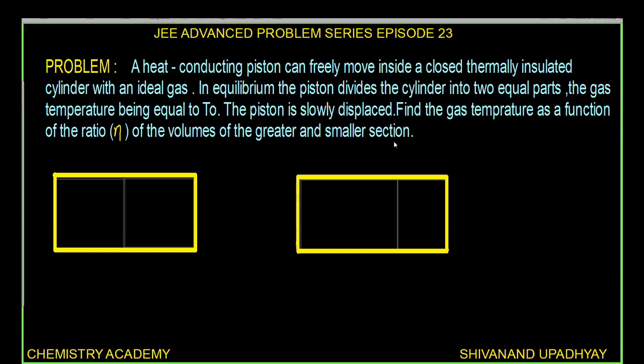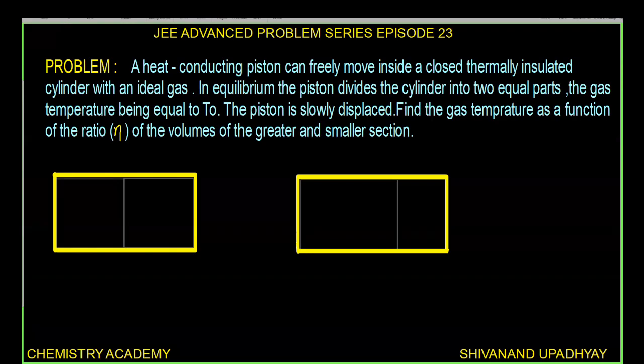So what I got from this is that the whole cylinder is non-conducting, and inside the cylinder there is a piston. This piston can freely move, and this piston is conducting. The whole container is non-conducting, but the piston is conducting, meaning heat energy can flow from the left hand side to the right hand side and vice versa.